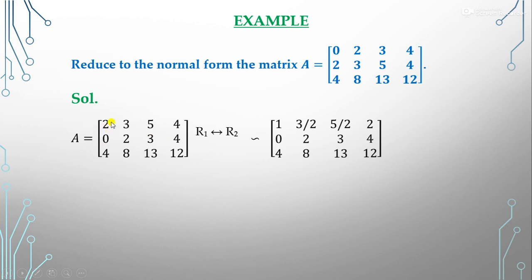So how do we make this 1? If we divide R1 by 2, it becomes 1. So here we divide R1 by 2. Now after that, we have to convert it into the echelon form. For the echelon form, it must be 0.